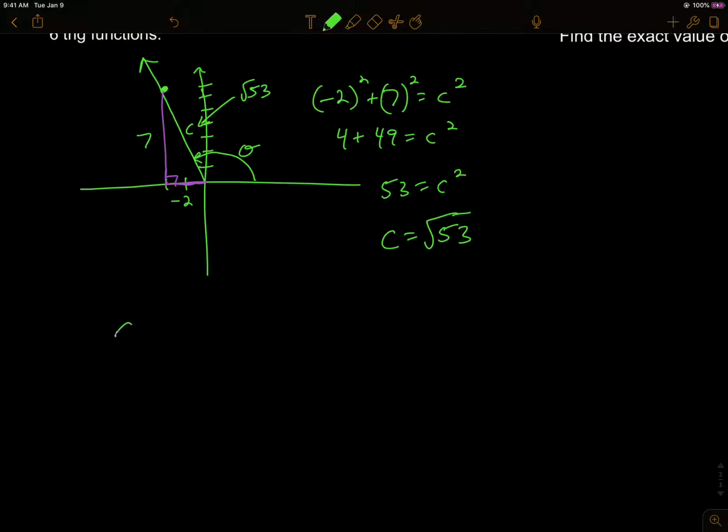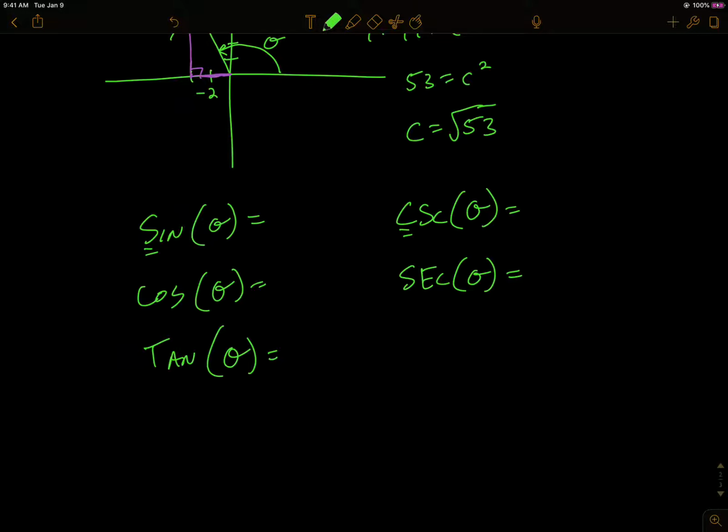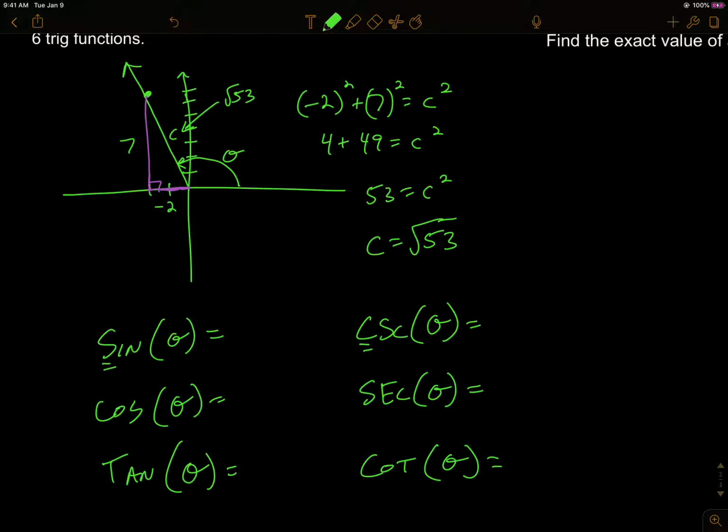So our 6 trig functions: sine of theta, cosine of theta, tangent of theta. The reciprocal of sine is cosecant of theta, because the s and the c, that's how I remember. The reciprocal of cosine is secant of theta. And the reciprocal of tangent is cotangent of theta. Sine of theta is opposite over hypotenuse.